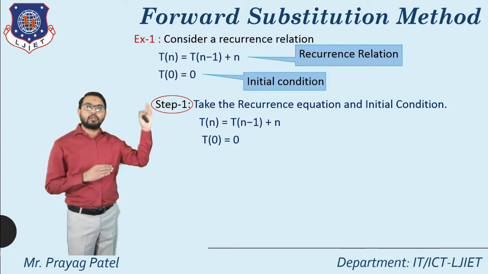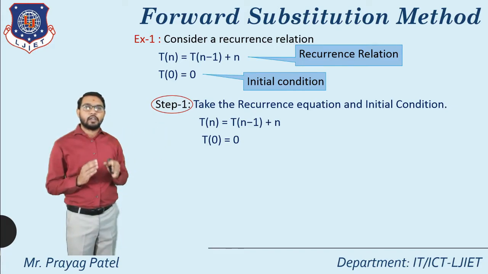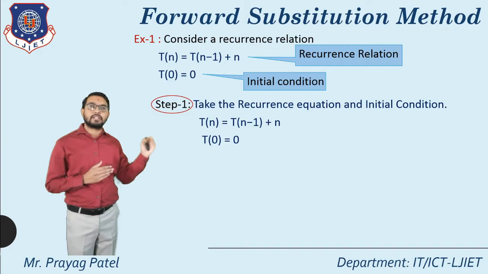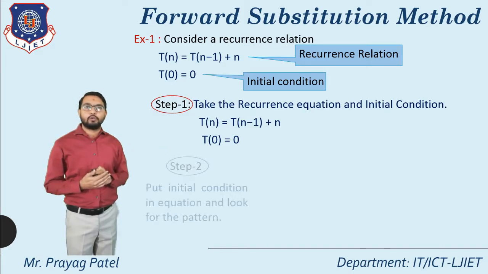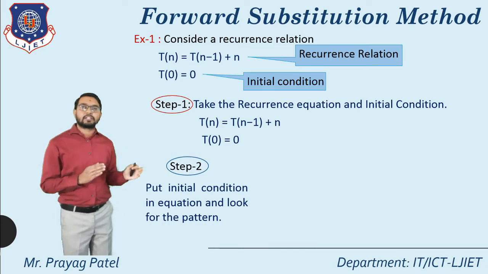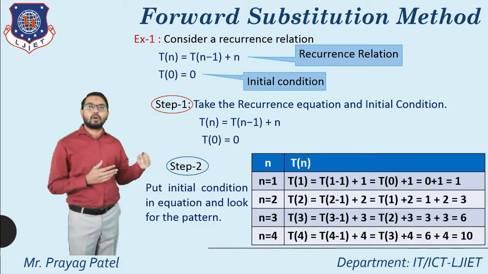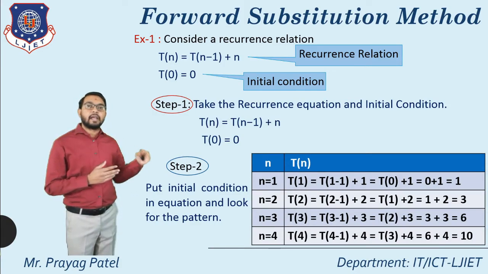Two things are already given: the recurrence relation and the initial condition, T of n equals T of n minus 1 plus n and T of 0 equals 0. Now step number 2: put the initial condition in the equation and look for the pattern. So put the values n equal to 1, 2, 3 up to n and find the pattern accordingly.